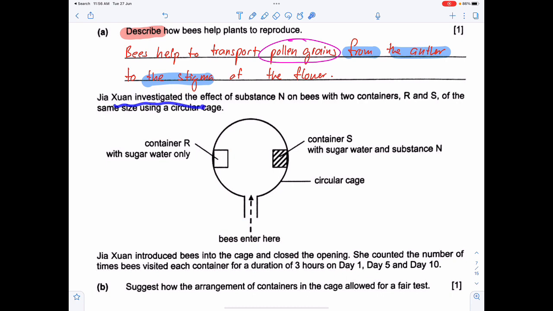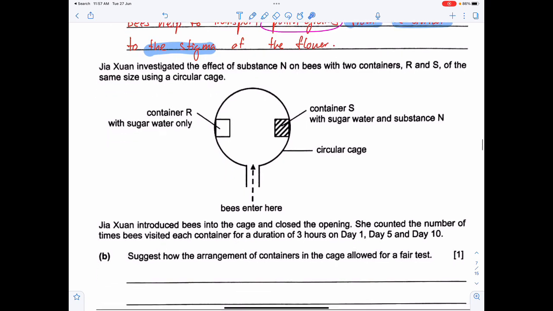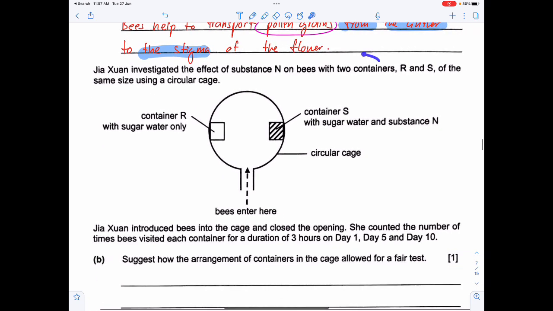Jia Xuan investigated the effect of substance N on bees with two containers R and S, okay, of the same size using a circular cage. So once again, it's an experimental setup. The first thing that you should be looking at is what is the change variable and what is the measured variable. So if you take a look on this, they're talking about two containers. So what's the difference? So the change variable would be that one has substance N and the other does not have.